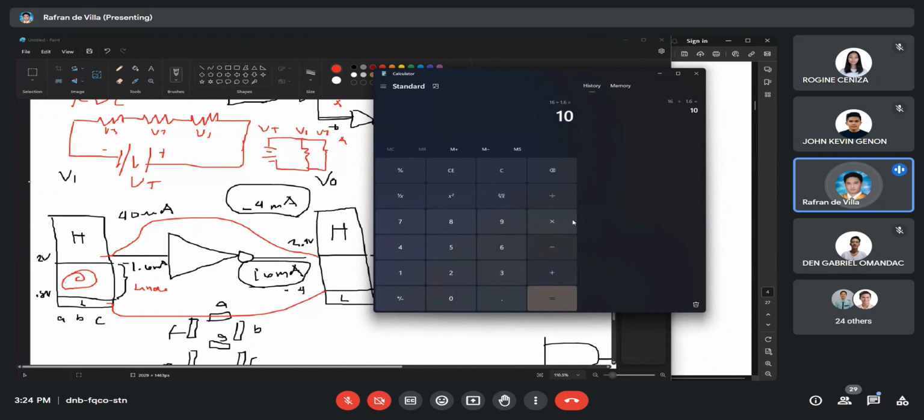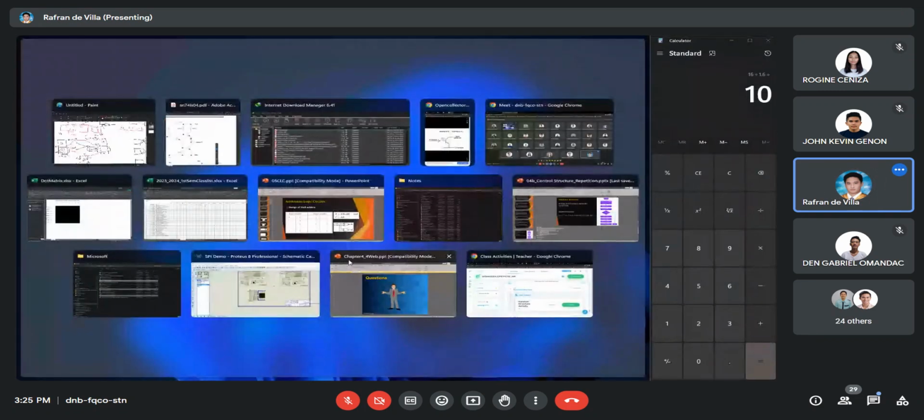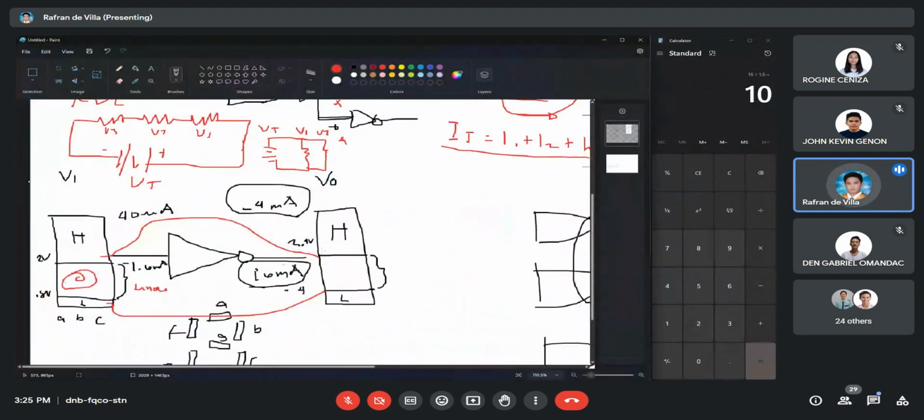That will give you 10. Okay? So take note. If you generate a low signal, there will be 10 inverter inputs that can be supplied by this low output.